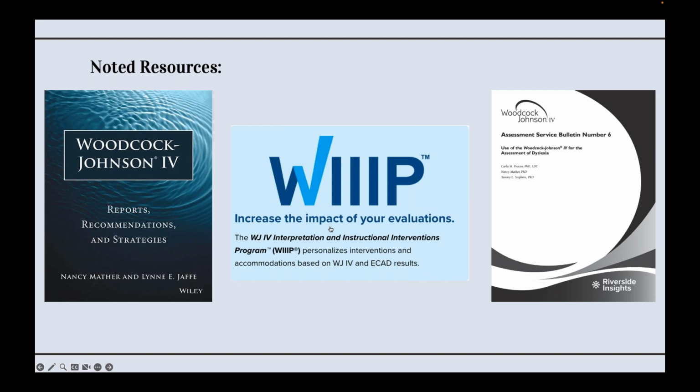And there's also a dyslexia report that's available. So if you are doing a dyslexia assessment, there is a dyslexia report that the WIP provides you that's based on the framework that is in the assessment service bulletin number 6. So that's kind of the WIP in a nutshell. And again, there is a webinar tomorrow that will be much more comprehensive than my brief 30-second spiel.